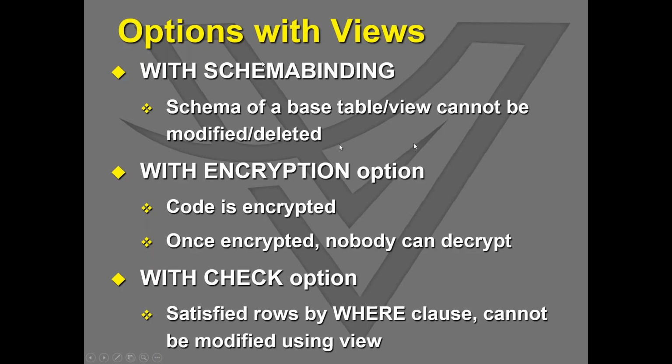You must write dbo, the schema. Then that particular dbo object is not going to be deleted or have any kind of action performed on it. The schema of the base table or view cannot be modified or deleted.